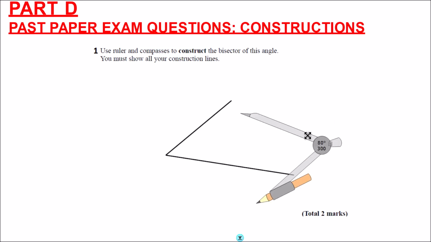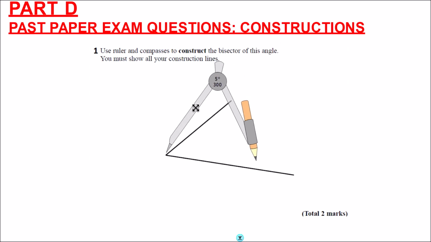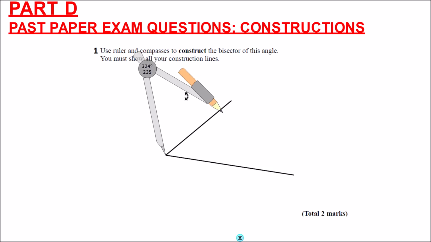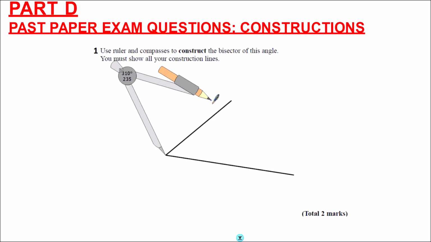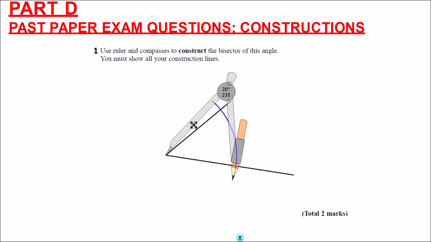So like before, to do the angle bisector, we put the compass needle at the beginning of the angle. Now, keeping the compass width the same, we do a curve that cuts the line above and at the bottom.